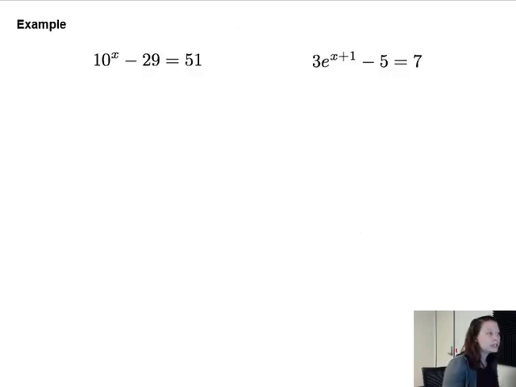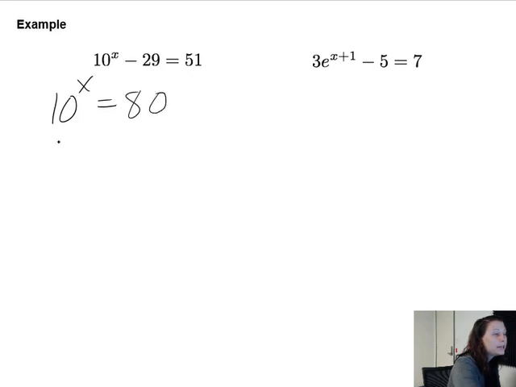Let's use those in an example. For this first one, you always want to get the x term on its own first. So we want to take that 29 over. We have 10 to the x equals 51 plus 29, that's 80. Then we have base 10.